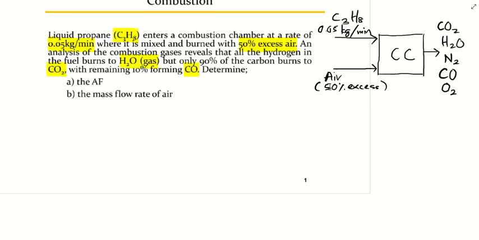And when you have 50% excess air, you need to put O2 as your product. So that's how we determine the product when you have excess air as a part of a reactant.